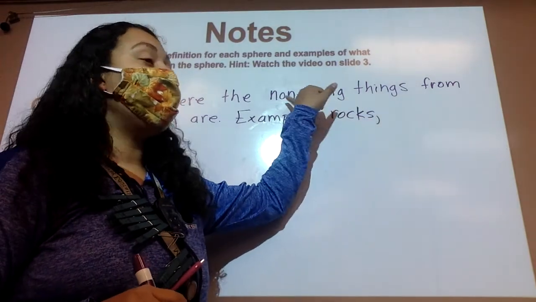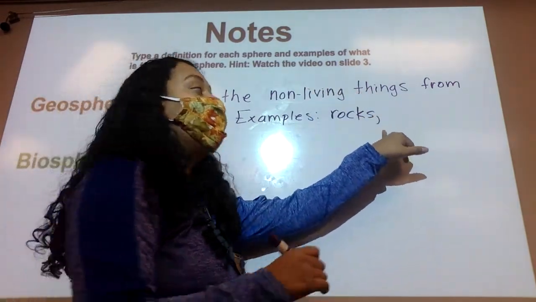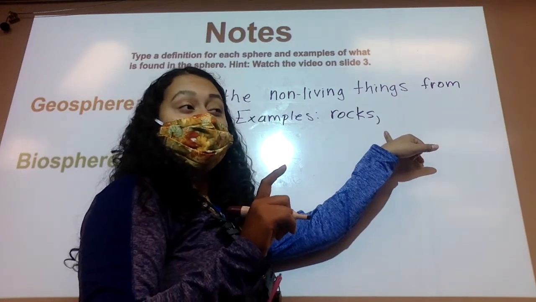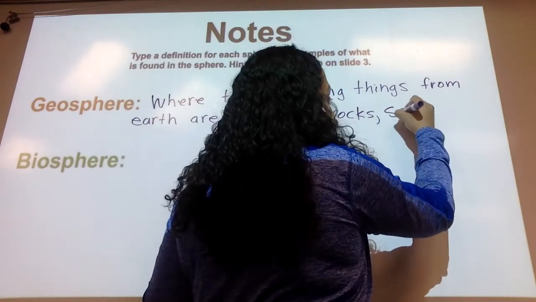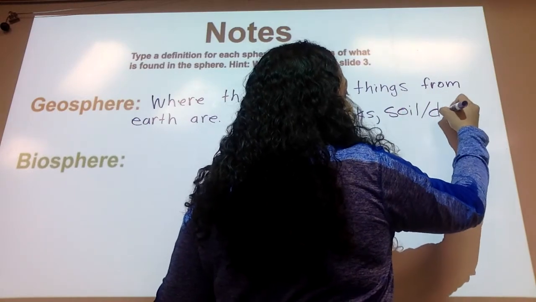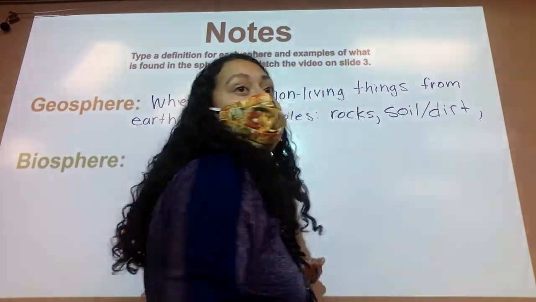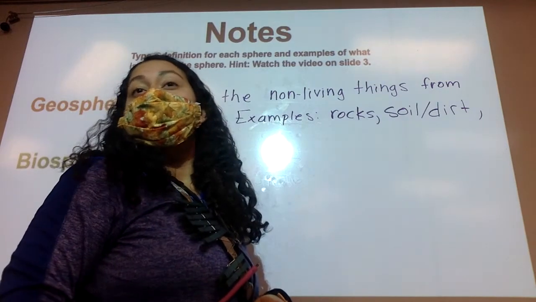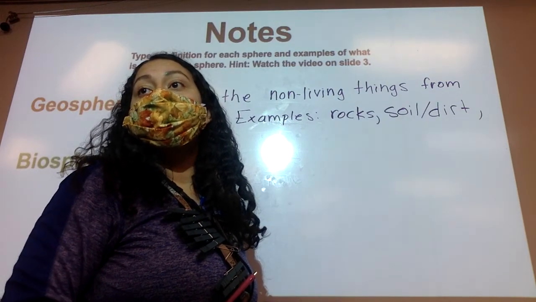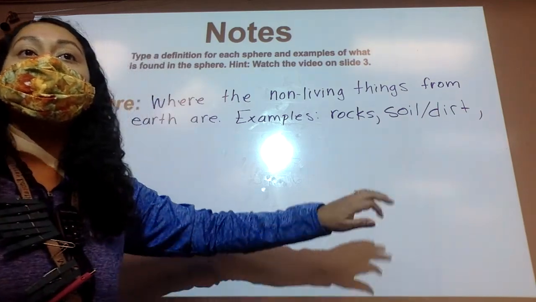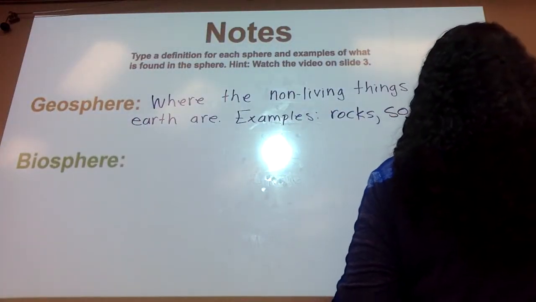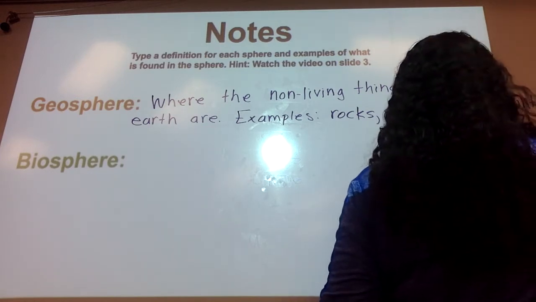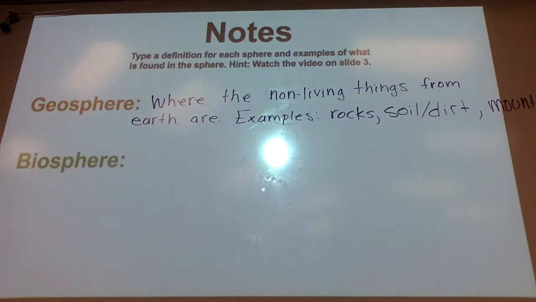Rocks, because they're all non-living things. The soil from the grass. So soil slash dirt. Thank you, Alejandro. What's one more thing? Mountains? Yeah. Mountains. Okay. Quickly get those down.